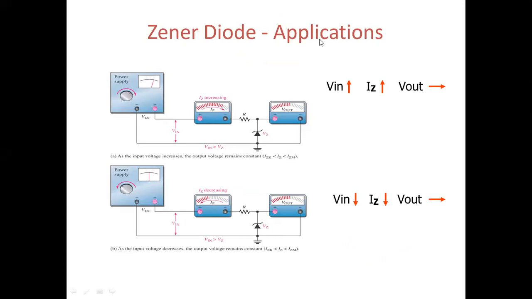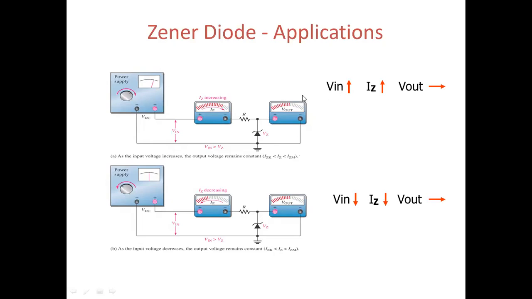See here, this is the application we are going to consider. The power supply VDC we have given here. Based on this, IZ increases here, but the output is the same, we are maintaining it on both sides.